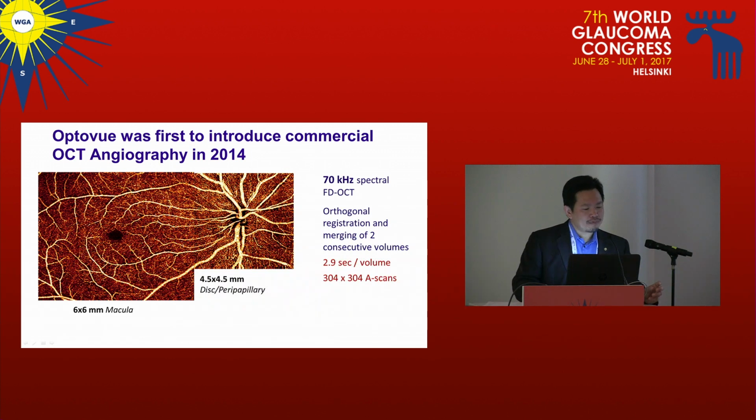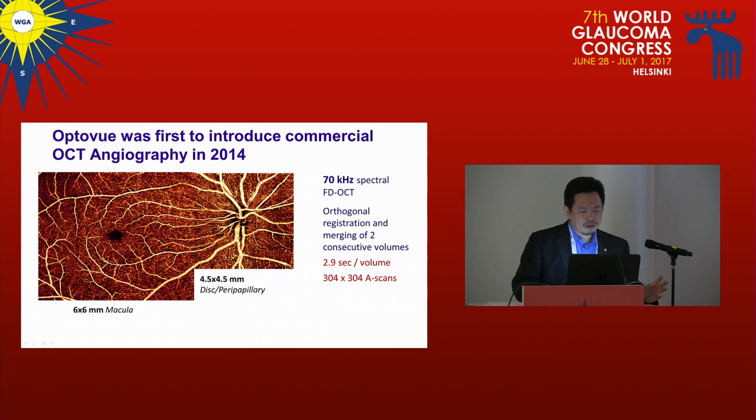And more recently, Optovue was also the first to introduce OCT angiography into the clinical world in 2014. That's based on a fast OCT machine, the 70 kilohertz spectral Fourier domain OCT system, the Avanti, and also a couple of key software.